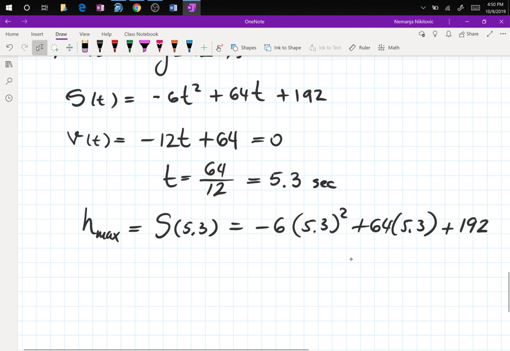So negative 6 times 5.3 squared plus 64 times 5.3 plus 192. Told you I have superpowers there. It's equal to 362.7 meters.